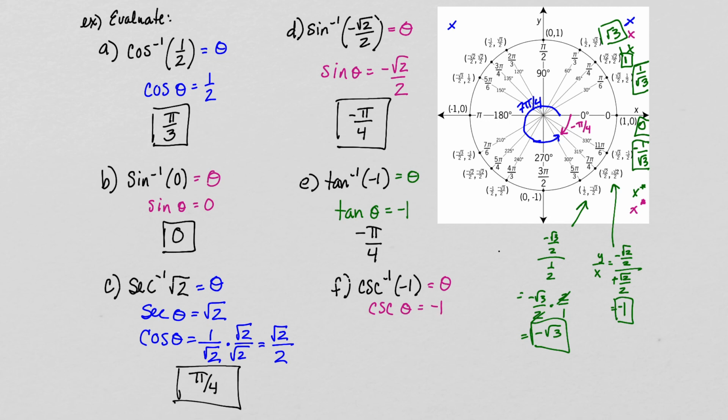Remember cosecant is 1 over sine, so this would be saying that sine of theta is equal to 1 over -1, or where is the sine of theta equal to -1? Okay, so it is 3 pi over 2, right? So it's here, 3 pi over 2, but remember we have to go this way. So rather than write it as 3 pi over 2, we're going to write it as minus pi over 2. I should have boxed these.